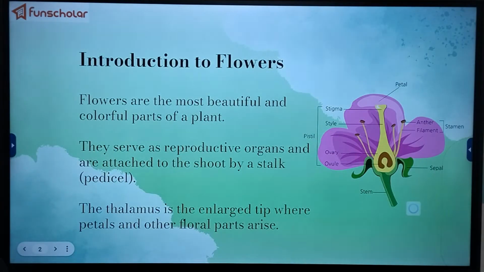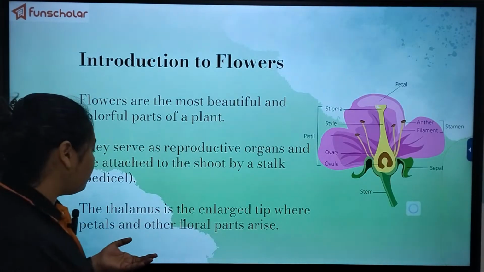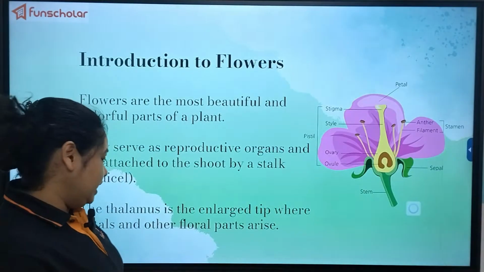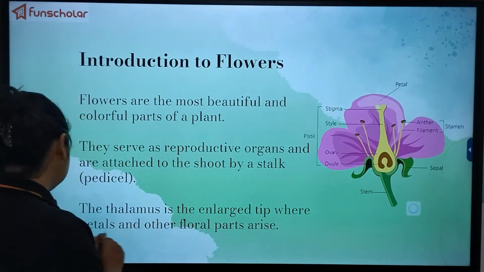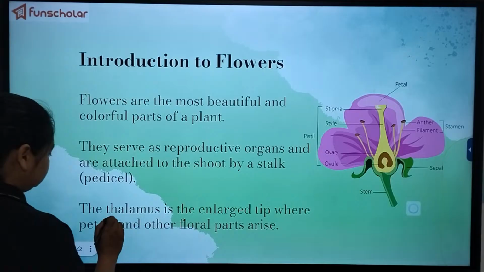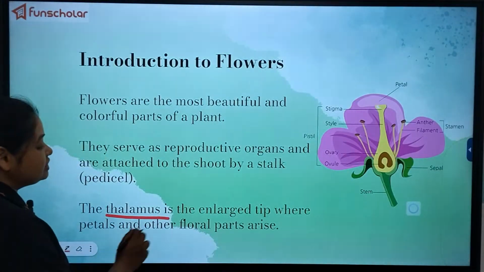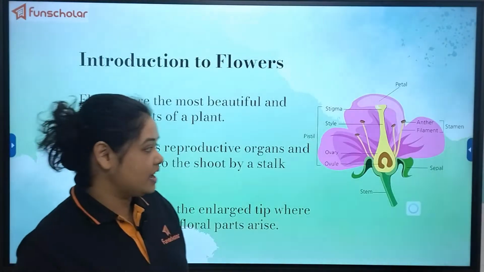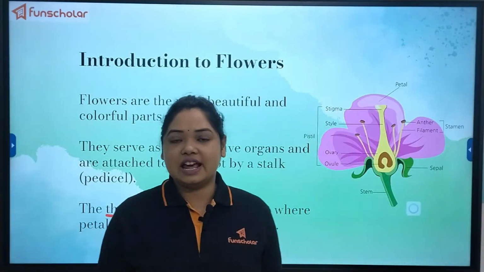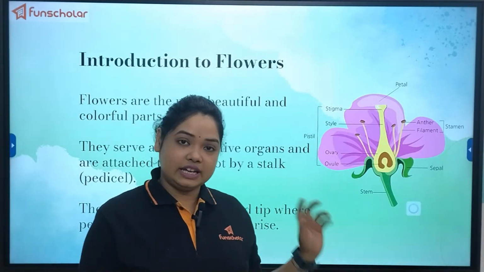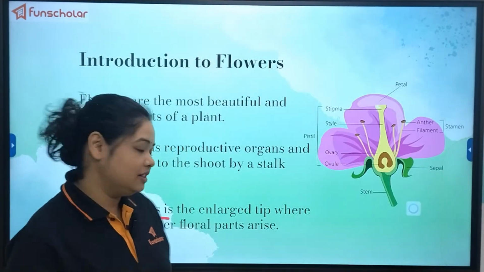Now, the flower is situated on a base called the thalamus. The thalamus is the enlarged tip where the petals and other floral parts arise. Other floral parts like the sepals and the stamens all arise from this base.